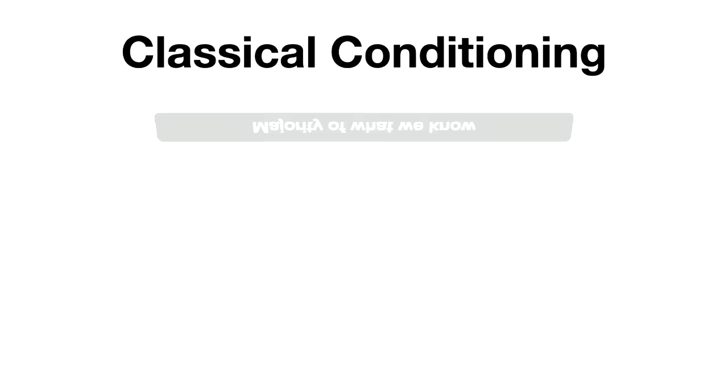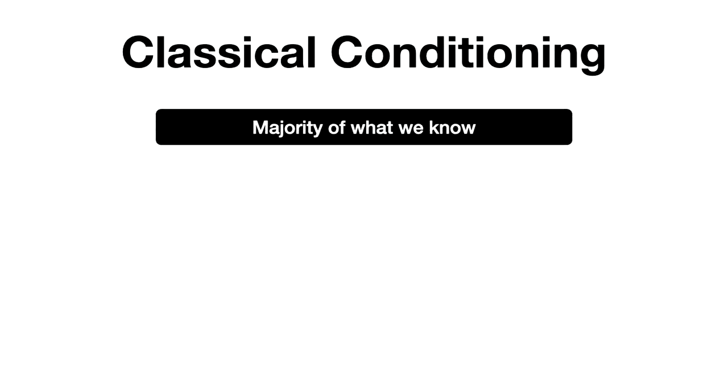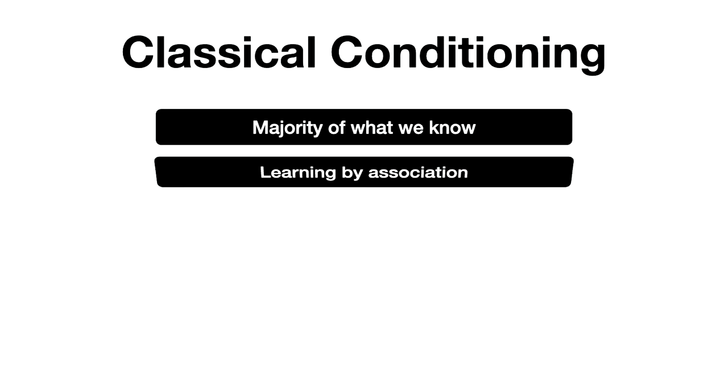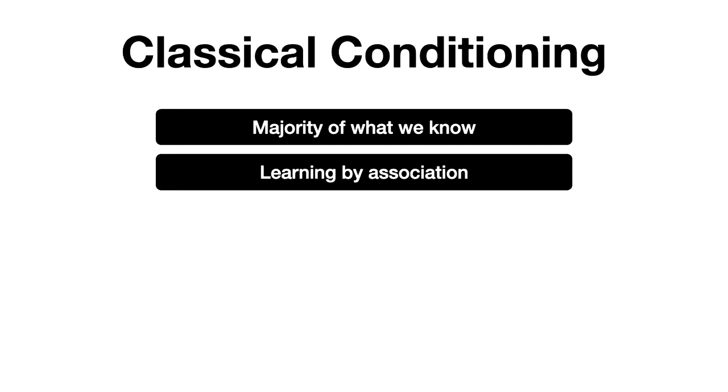Now, classical conditioning actually constitutes a majority of what we know. It is learning by association. You might think that the alphabet letters, the shapes of the letters themselves, that an A is shaped like that, we've learned to associate that set of lines with a particular sound, maybe even that one even associates with good grades, right?